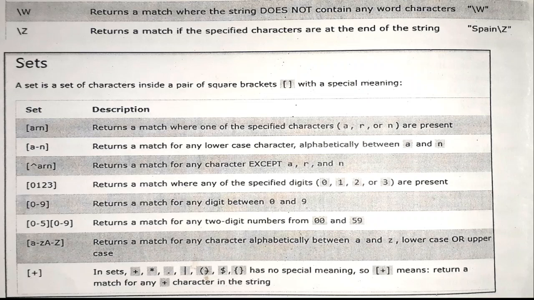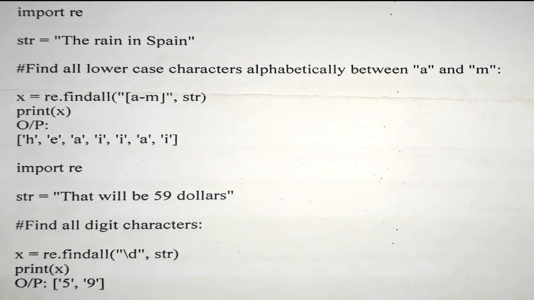So now we are going to have some more examples so that all the meta characters, all the special sequences and sets will be clear to you. So now I am taking one example, import re. This should be your first statement. Then I have taken one string, str equal to "the rain in Spain", and now our question is, I want to find out all the characters between a to m.